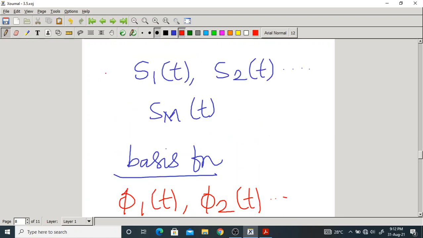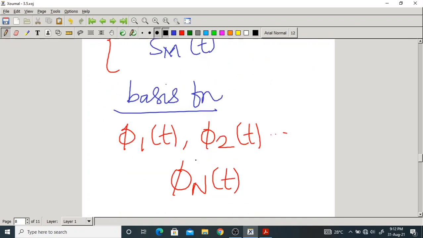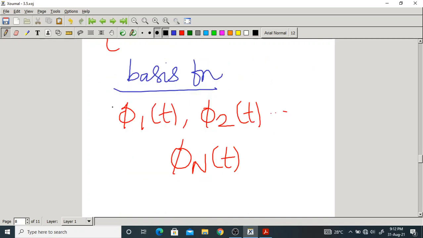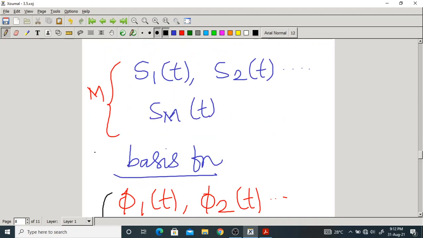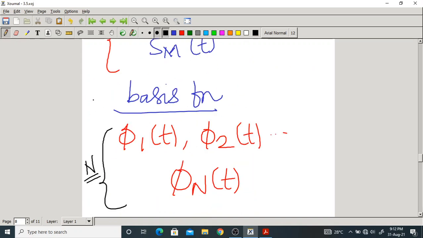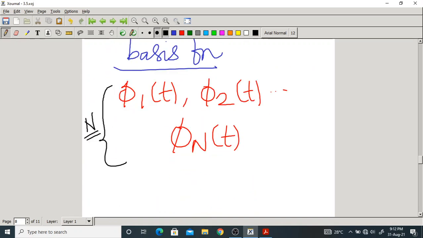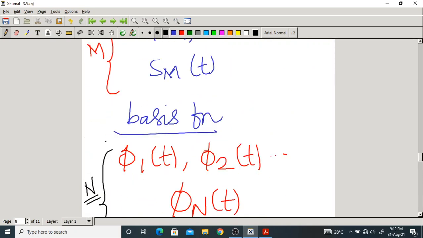Please remember, the number of energy signals is M, and the number of basis functions is n. So what is the relation between M and n? M is always greater than or equal to n.